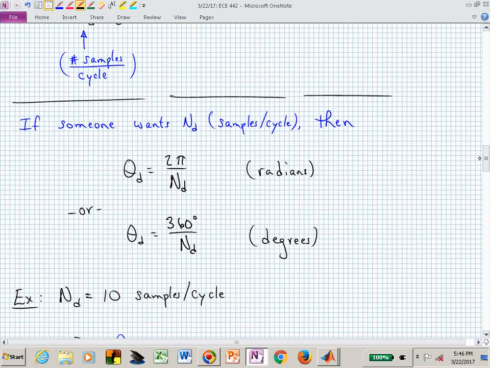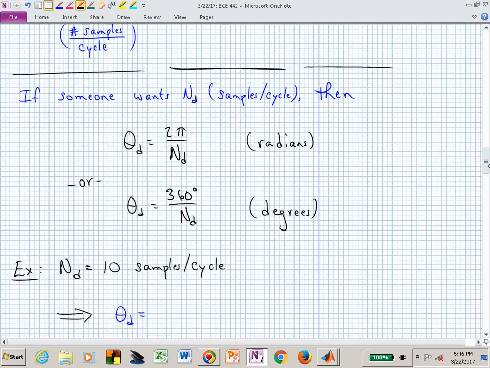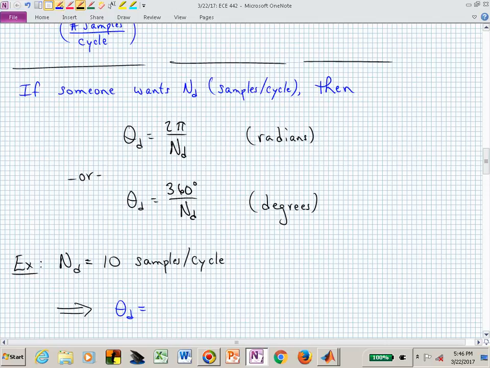Or if somebody now wanted 10 samples per cycle, we now know how to produce that. We would have 2 pi divided by n sub d, or divided by 10, and 2 pi is 6.28. So now in radians, theta sub d would be this 0.628.